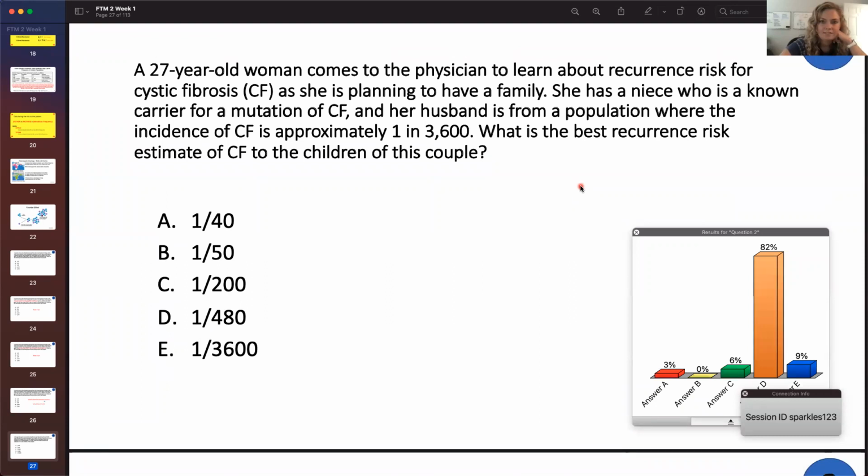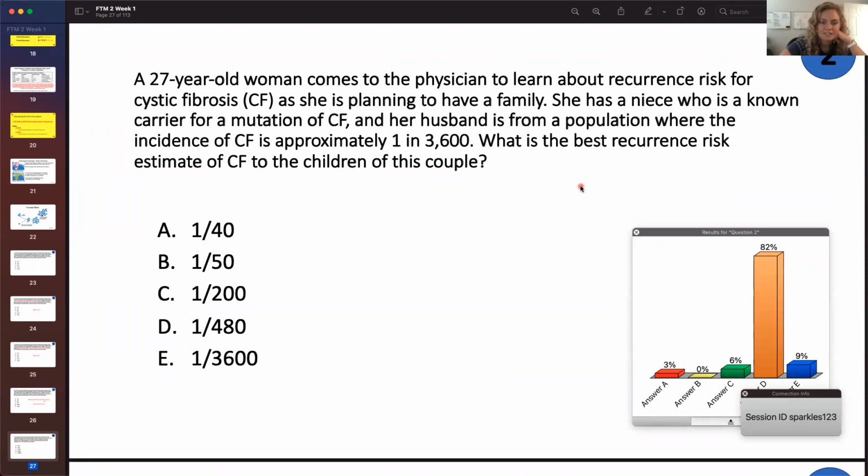Hold on, Kishore, don't go down yet. Does anybody want to explain this one? This one's a little bit trickier, and we were just discussing this before we started. I can try. Okay, go for it.